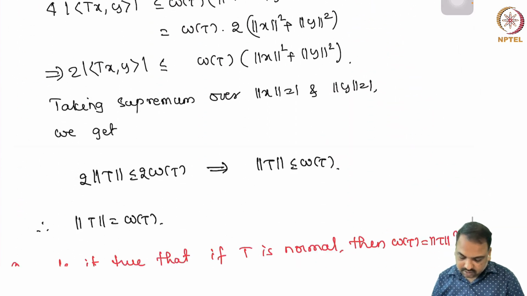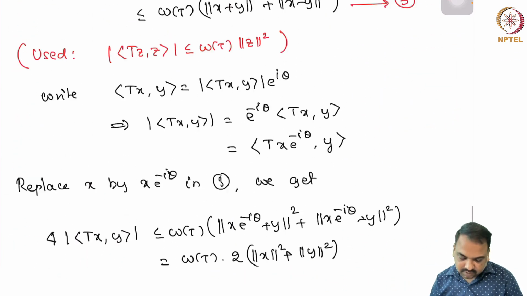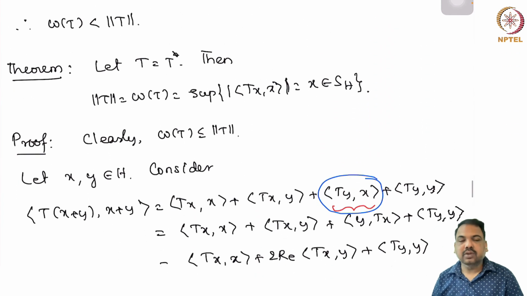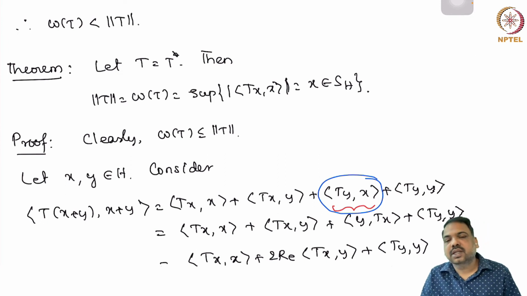Okay, this is about self-adjoint operators. The advantage of this formula, whatever we proved, is that if you want to look at the norm of a general operator, you have to look at the supremum of the modulus of the inner product of Tx with y, where x and y are coming from the unit sphere. But in this case, we don't need to look at the modulus of the inner product of Tx with y.